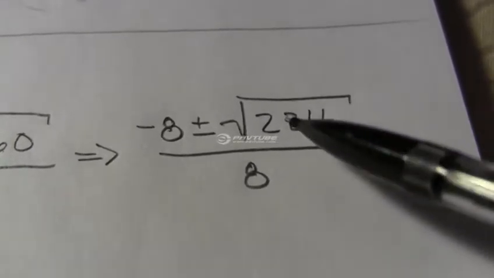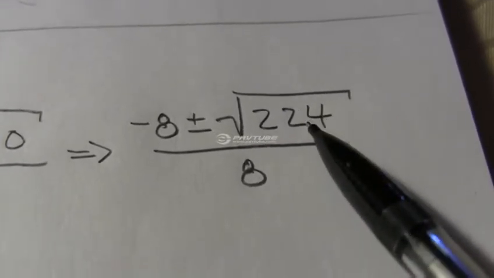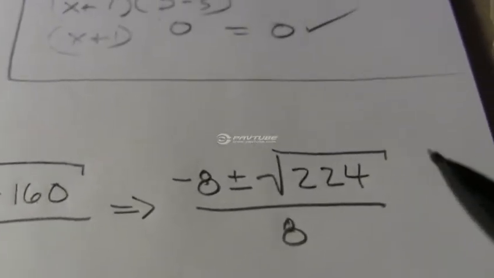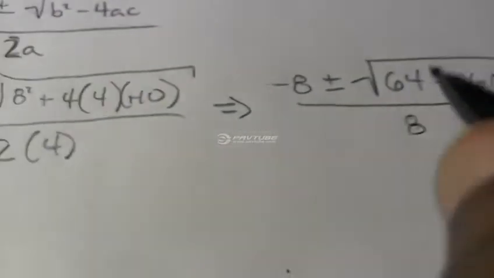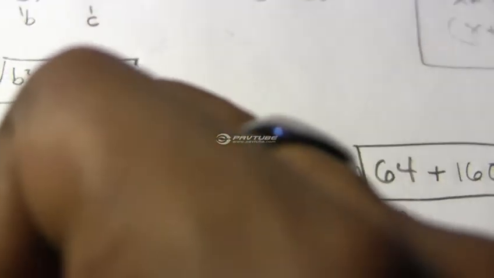So there's two ways you can look at this. A lot of teachers will just let you leave it like this, and so your answer, when you're asked to find the roots, will just be, well, you'll have 2.